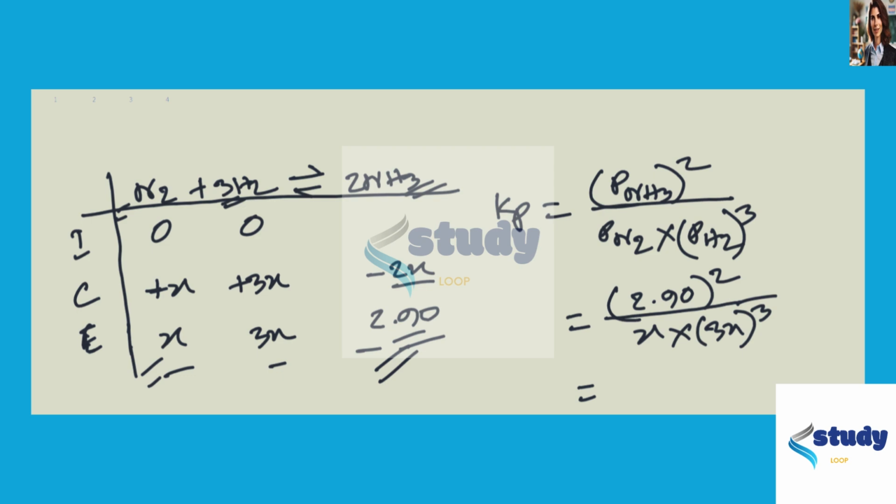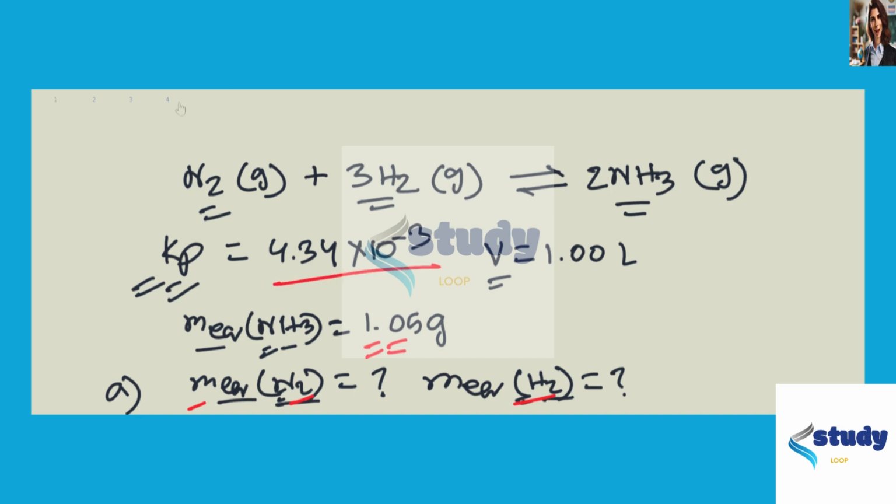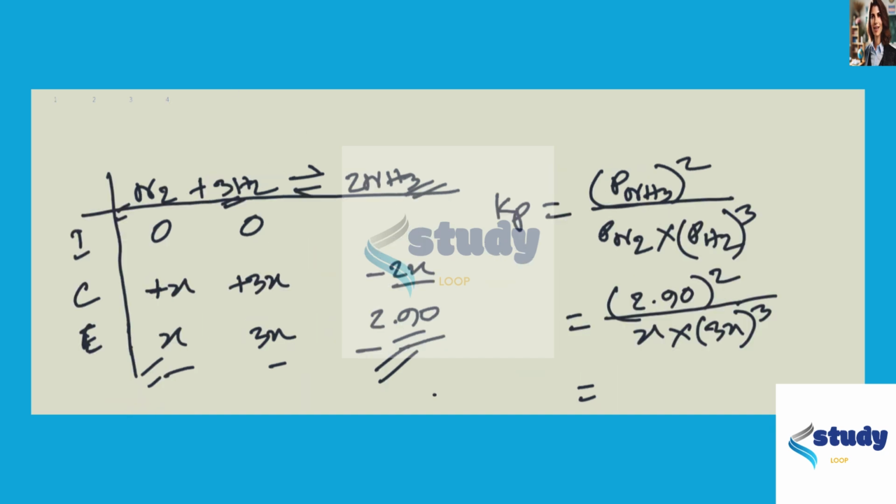We're given the value of Kp as 4.34 times 10 to the minus 3, so 4.34 times 10 to the power minus 3 equals 8.41 over 27x to the power 4.